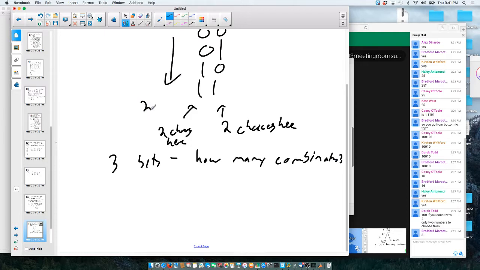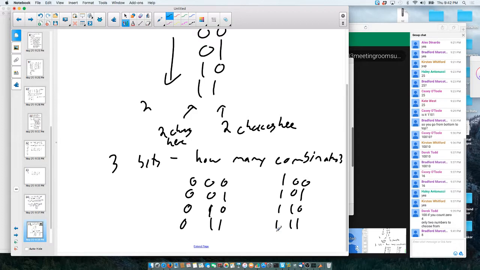Another way to think about it is I have all 4 2-bit things, and they can start with 0, or I have all 4 2-bit things, but they can start with 1. So it's twice as many things with 3 bits as there is with 2 bits. Okay?